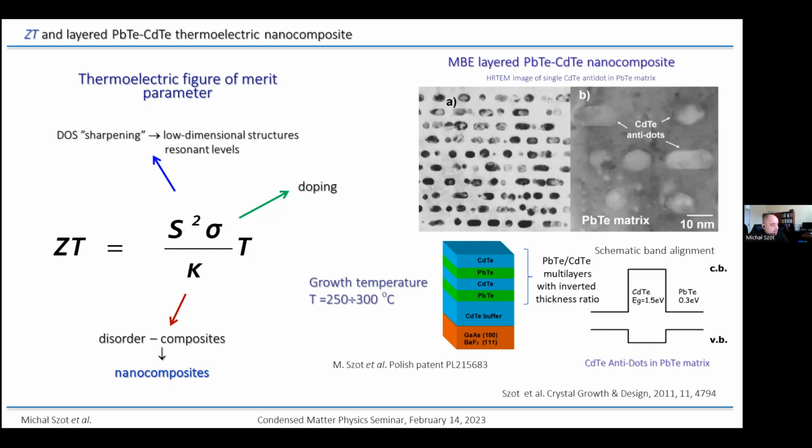But it seems to us that the best approximation to this problem is the preparation of a nanocomposite from known thermoelectrics such as lead telluride. And the question is how to prepare the nanocomposite from lead telluride using molecular beam epitaxy. It is a very simple task, because we need only invert the thickness ratio of the layers in the initial structure.